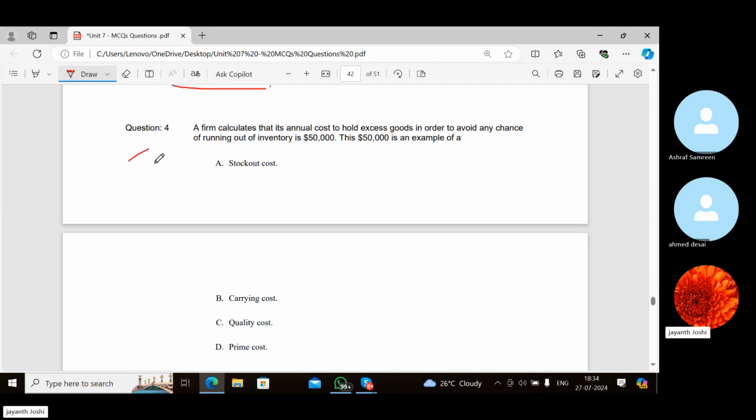Next one. A firm calculates that its annual cost to hold excess goods in order to avoid any chance of running out of inventory is 50,000. That means they want to maintain some inventory always so that they don't have any kind of shortage of stock.